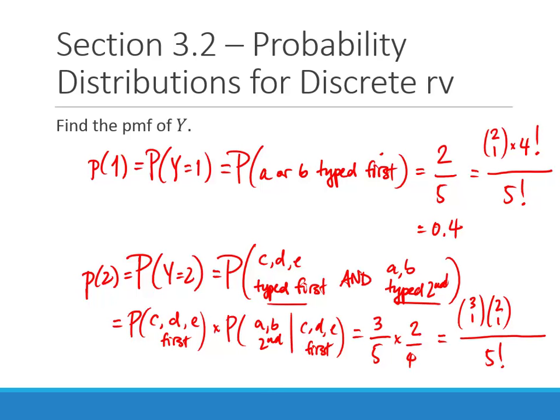Now I have 3 spots remaining. I don't care what those are, but the order matters, so I multiply by 3 factorial. These will both give you the same number, which is, running out of space here, 0.3.